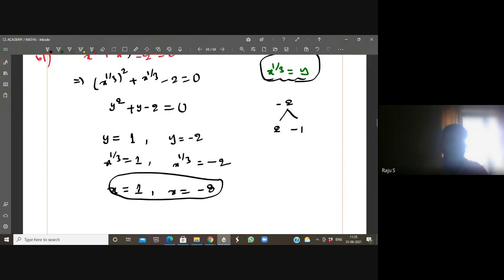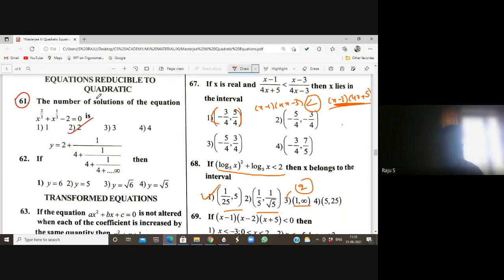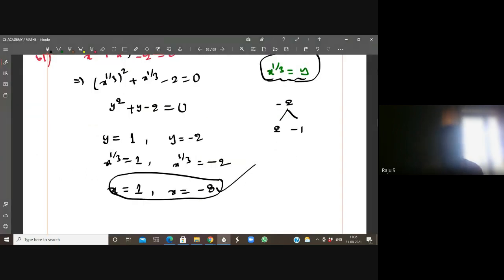Am I right? Got it? So the second option is right: 1 comma minus 8 are the real solutions. There exist two solutions.